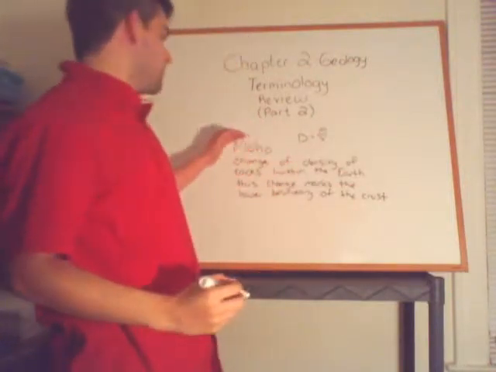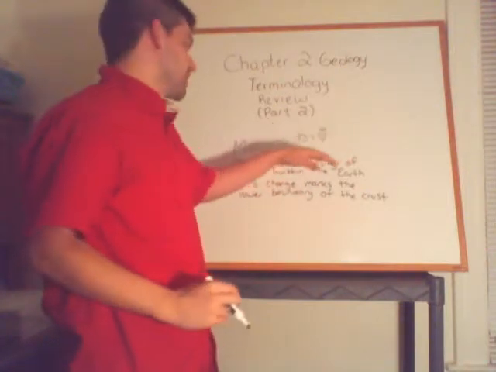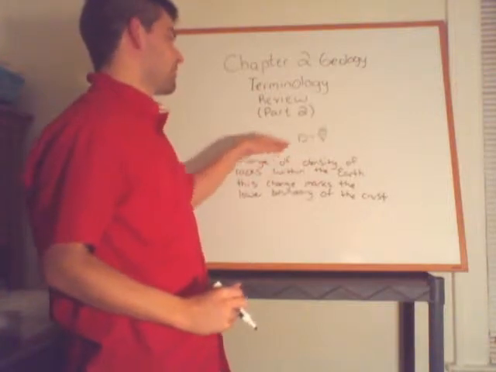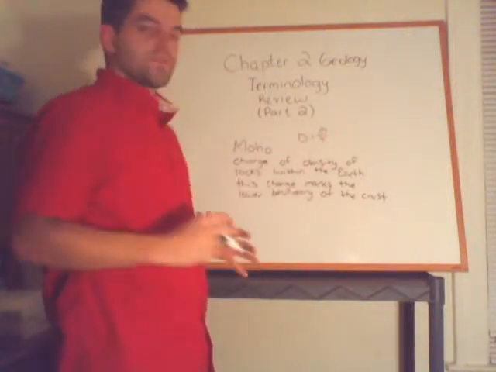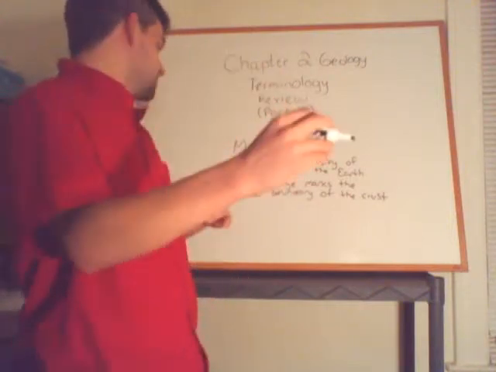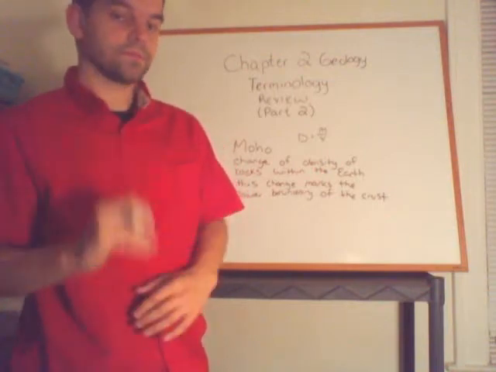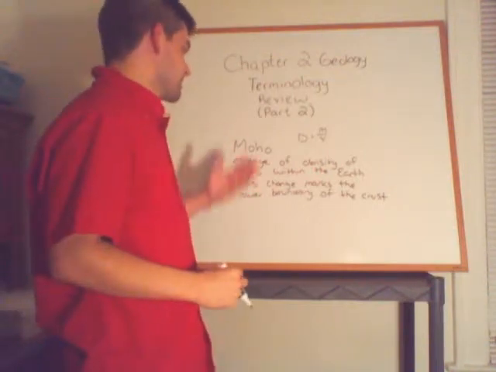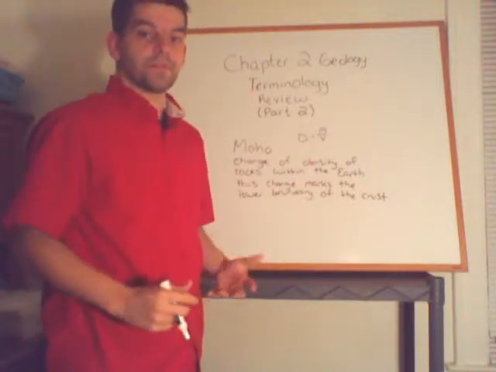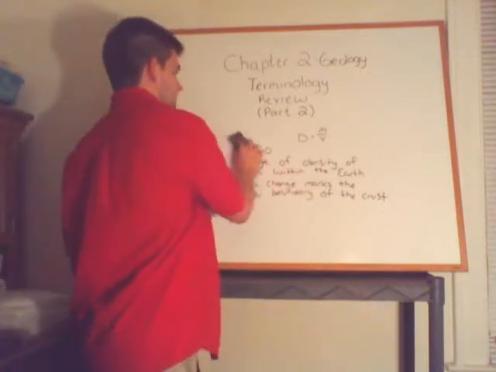So we can think about Moho being the m of mass here, the change in density. So we can equate Moho with the m in density. And this change in density is going to mark the change in the boundary of the crust, almost like the transition that we talked about. Okay? So when we think of Moho, think of the mass, or m, in the density formula. Alright, let's look at our next definition.